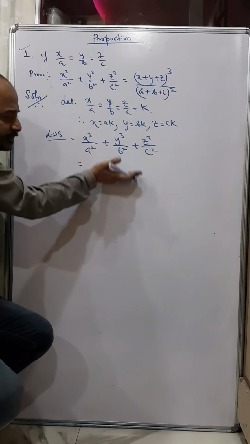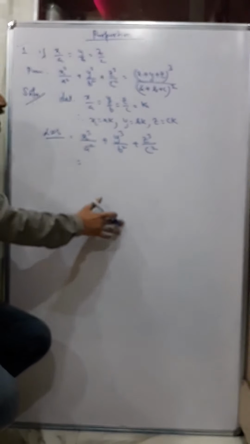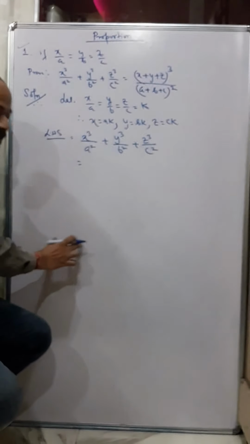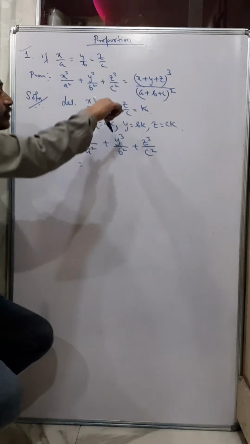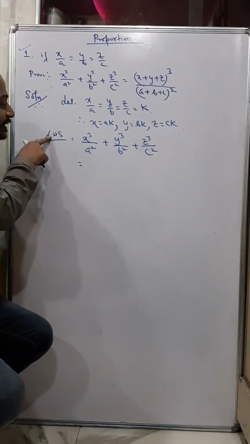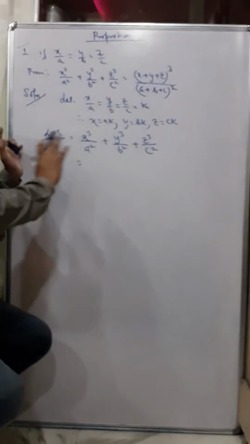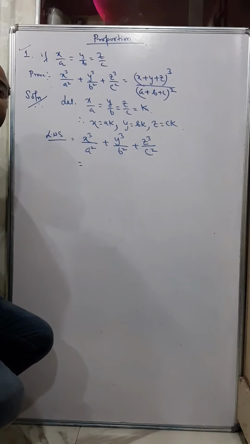Then again I will solve RHS, and there also I will put the values, and at last I will find that the value of LHS and the value of RHS will be equal. In all these sums that I will do today, I will do the same thing.